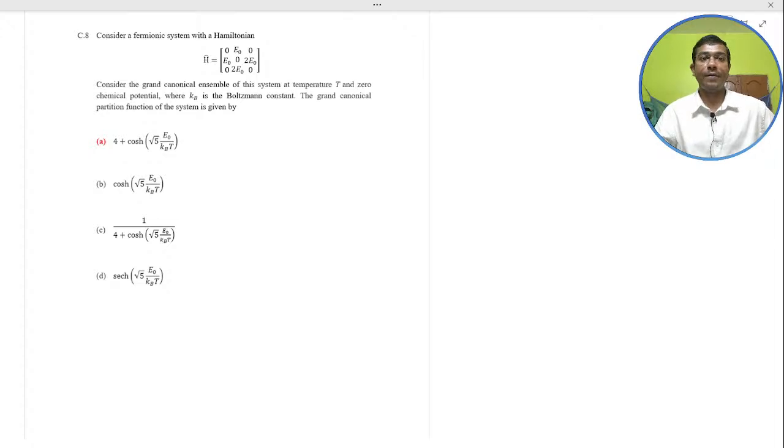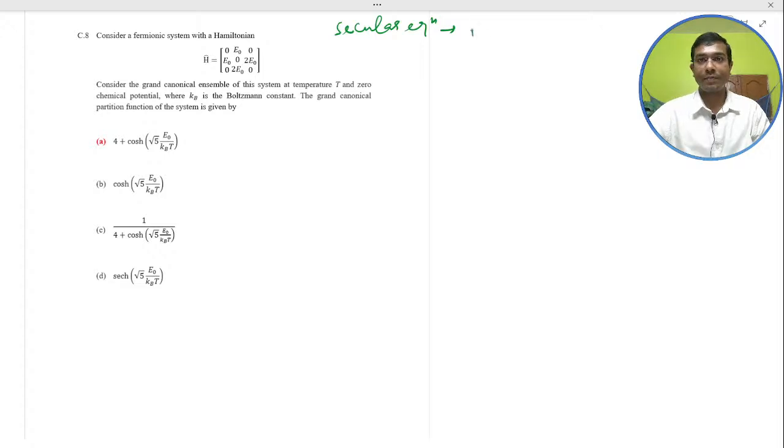Consider a fermionic system with a Hamiltonian. This is given. Consider the grand canonical ensemble of the system at temperature T and zero chemical potential, where Kb is the Boltzmann constant. The grand canonical partition function of the system is given by what? Very important question. Hamiltonian given by this equation.